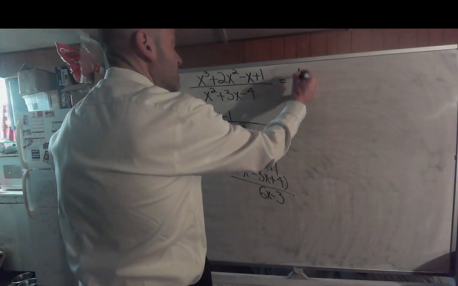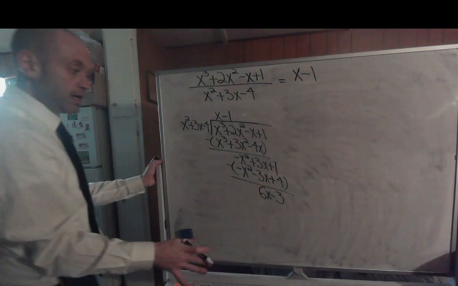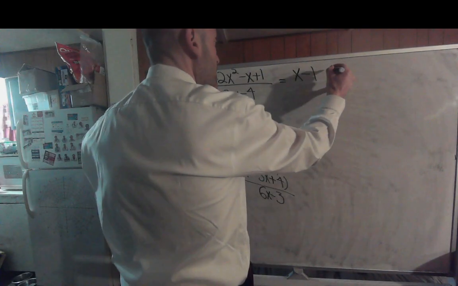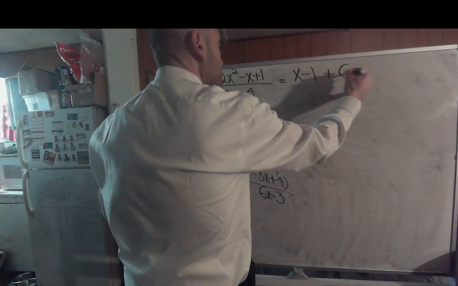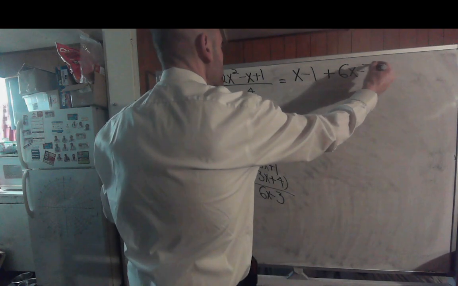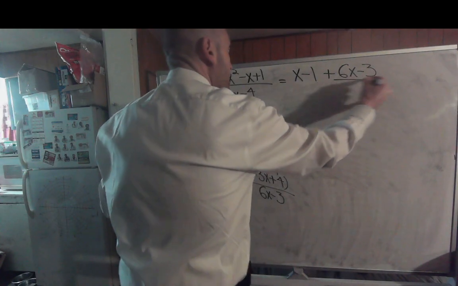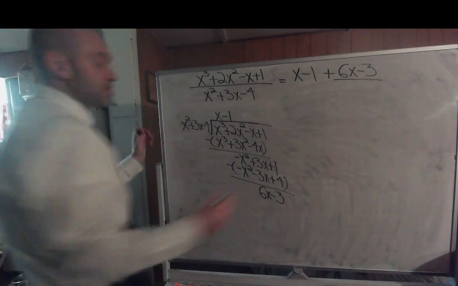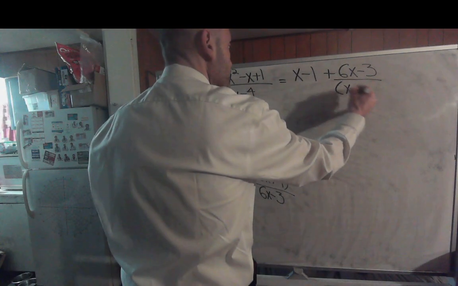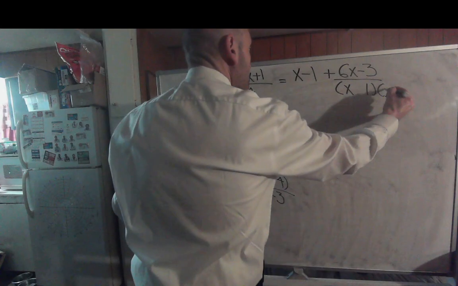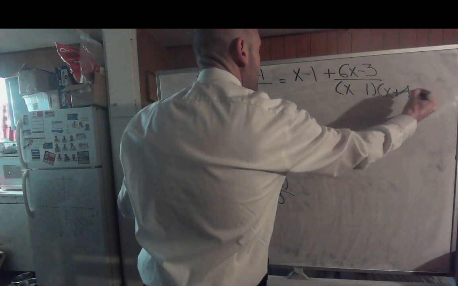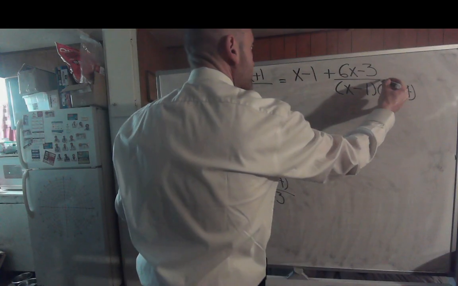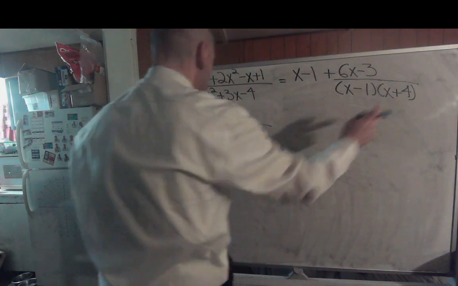So this will turn into x minus 1 plus that 6x minus 3 all over this x squared plus 3x minus 4, which would factor into, that should be x plus 4 times x minus 1.